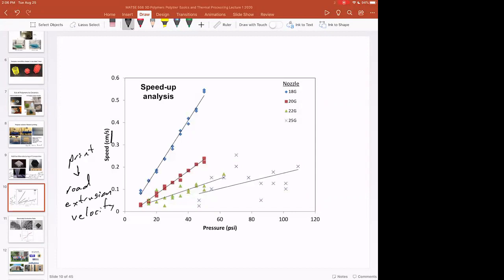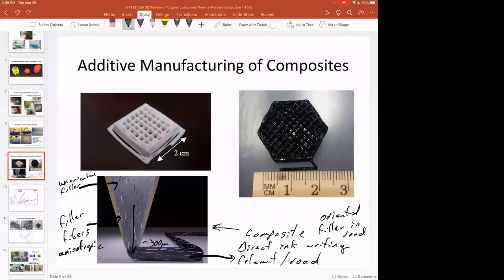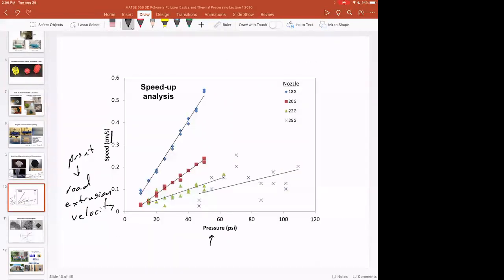Now this pressure is the pressure here. To extrude this thing, you're going to have pressure. As you increase the pressure, you increase the flow rate, and you can increase the velocity. This is called the extrusion pressure. In this case, we get a relatively linear relationship between the extrusion speed and the pressure.